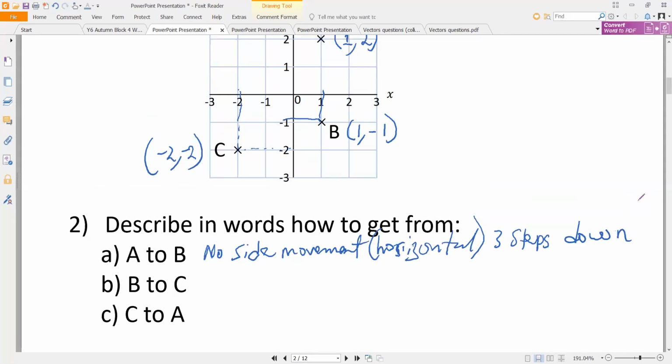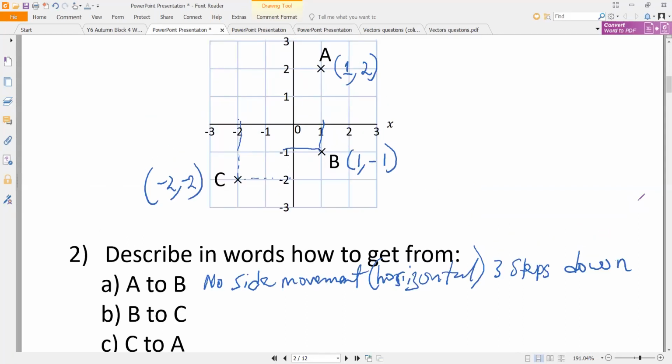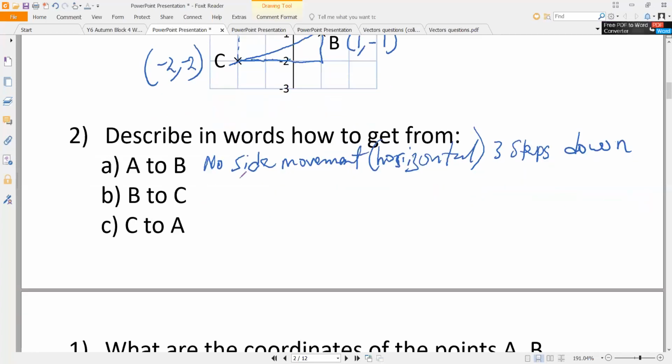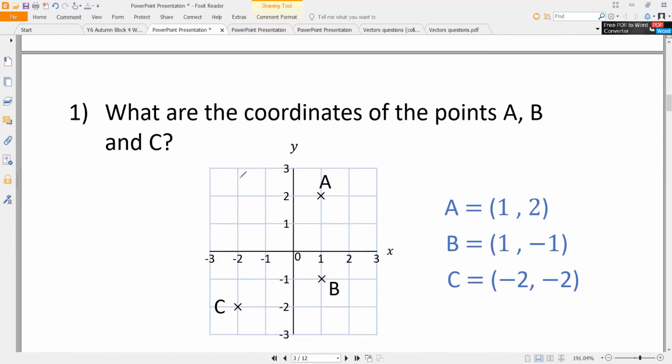From B to C, from B to C. Okay, as you can see, this is B to C. How many steps did we go down? Just 1. So 1 unit down, and how many units to the left? 1, 2, 3. This is how you describe vectors. Pretty simple. So look at this.